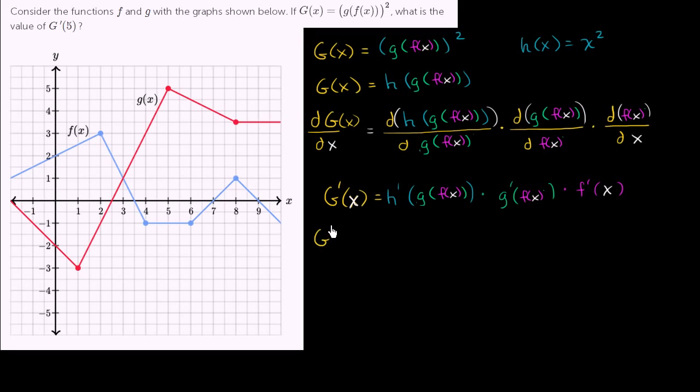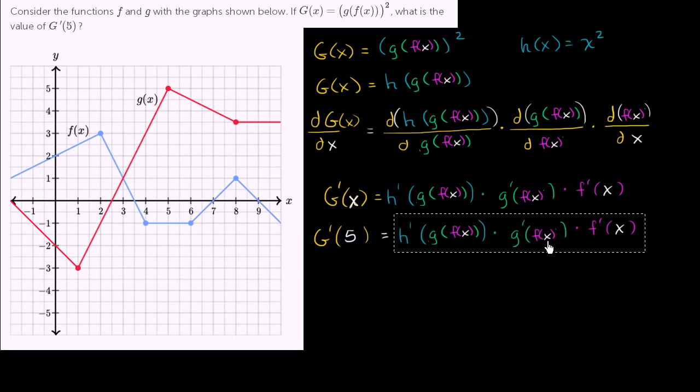Capital G prime of 5 is equal to this whole thing, where everywhere I see an x, I replace it with a 5.